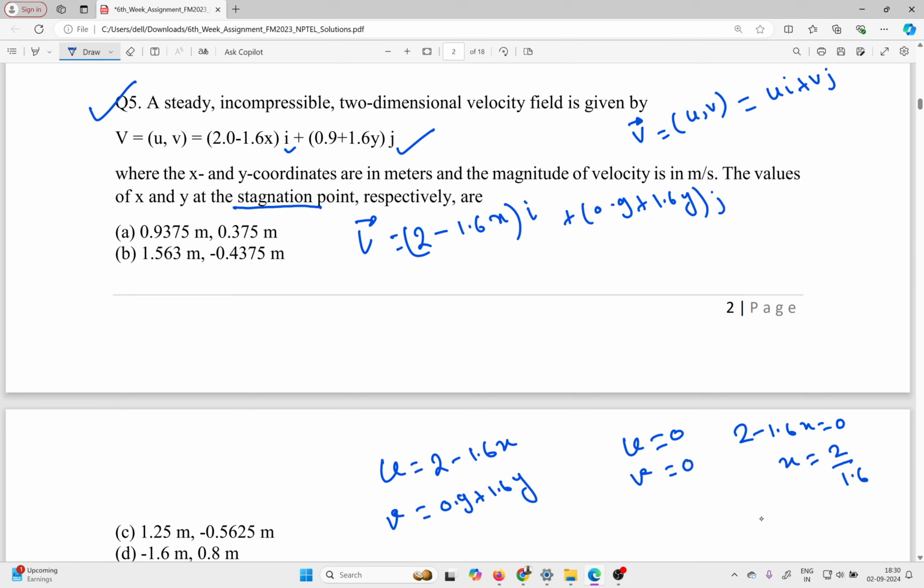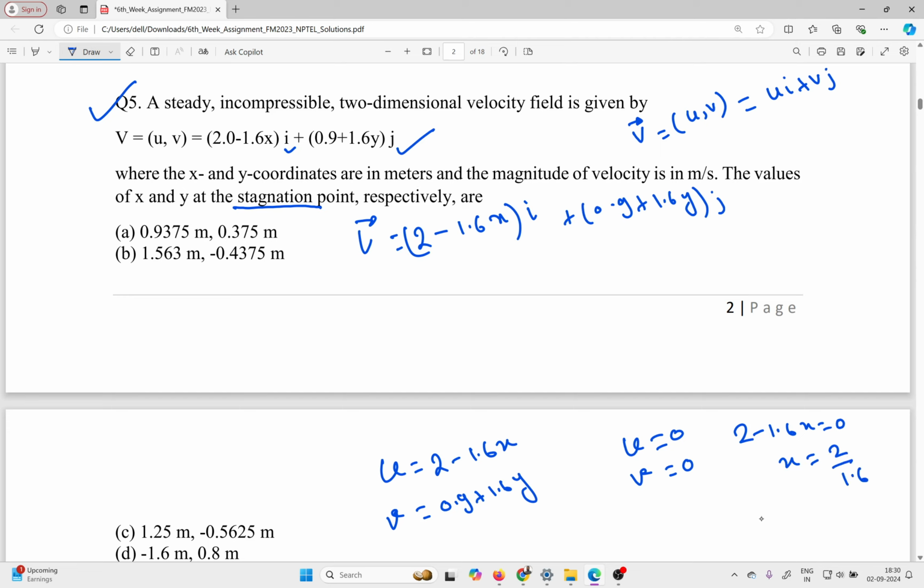When you will calculate, x is equal to 1 by 0.8 and y is equal to 0.9 by 1.6, or you can say 9 by 16. When you will divide these two things, then you will get your answer very easily.